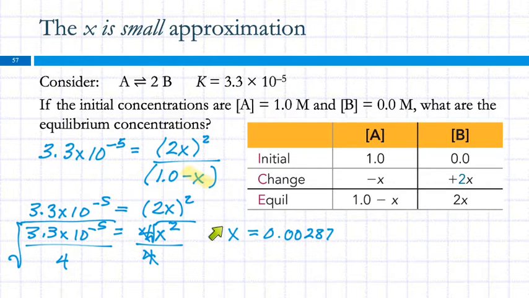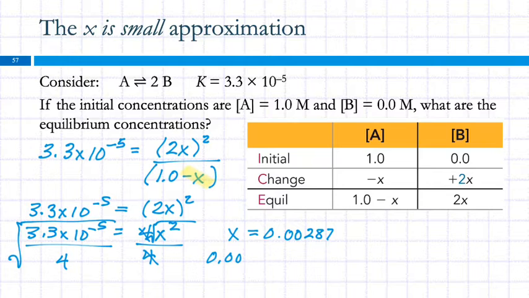Is that small with respect to 1? It is. I mean, thinking about significant figures, the way this number is written indicates that there's uncertainty in the ones place. My x doesn't even have any digits until the third decimal place, right? So we need to check that it's valid, and what we're going to look at is: is this x 5% or less than the number I subtracted it from?